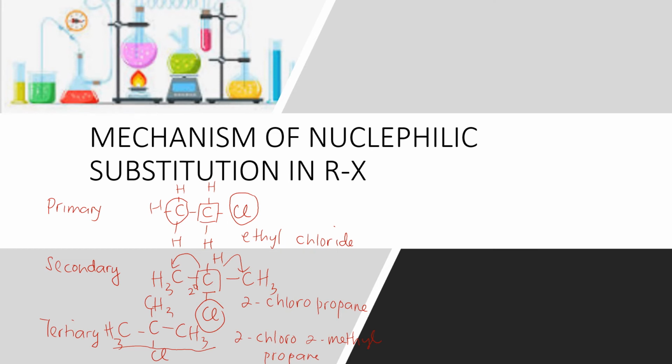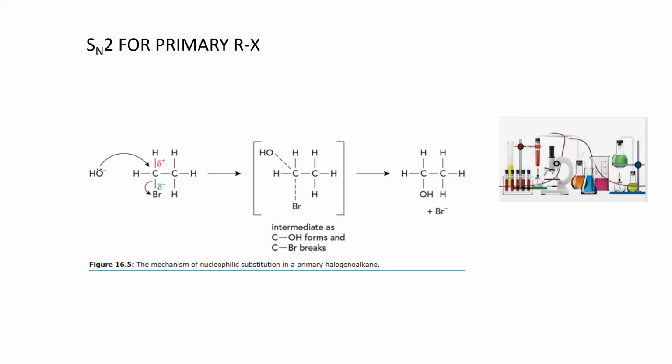Then the mechanism of the nucleophilic substitution of RX will depend on the type of the halogenoalkane. For the primary halogenoalkane, the mechanism is SN2. S is substitution and N is nucleophilic. 2 is that the rate of reaction depends on 2 species.